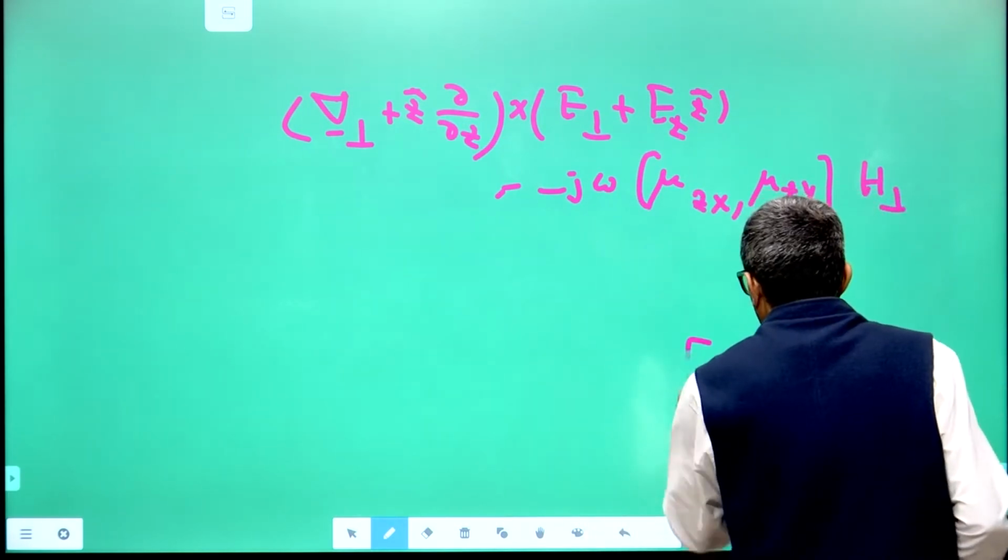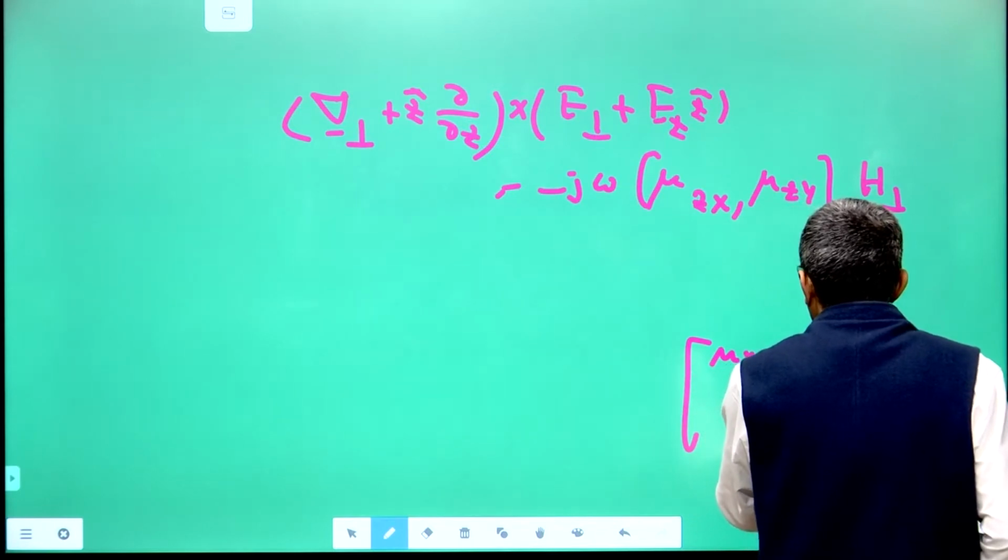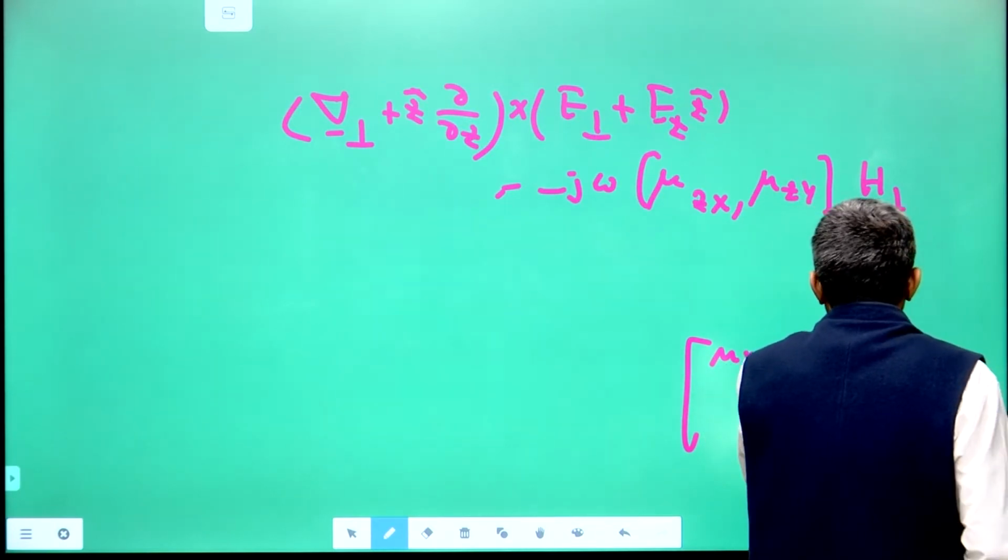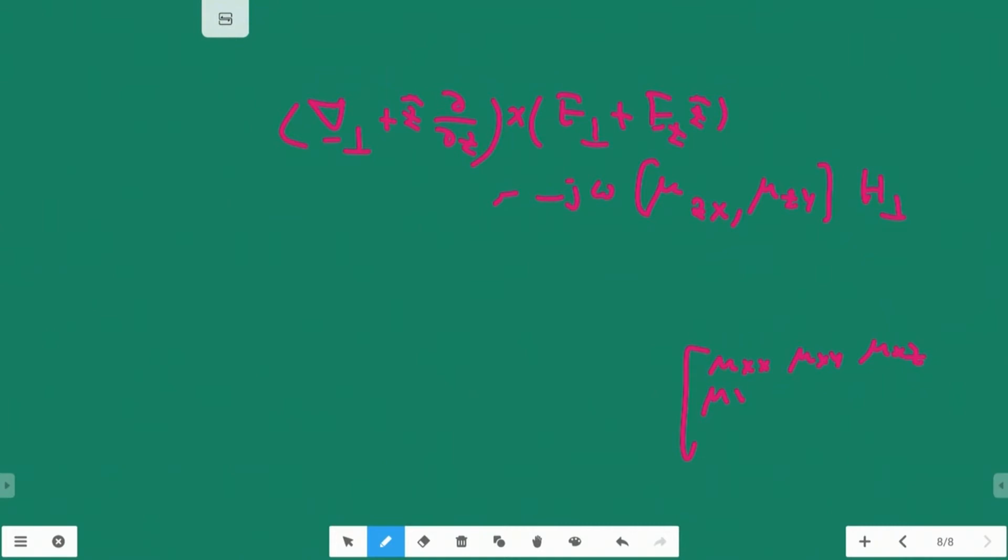You are multiplying, you have a matrix, right, mu xx, mu xy, mu xz, mu yx, mu yy, mu yz, mu zx, mu zy, mu zz, and you are multiplying this by hx and then hy, which is h perpendicular, hx hy form h perpendicular and then hz. So if you look at the last part, it is mu zx mu zy multiplied by h perpendicular plus mu zz into hz.